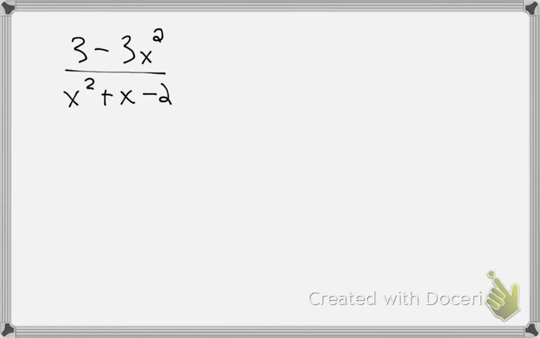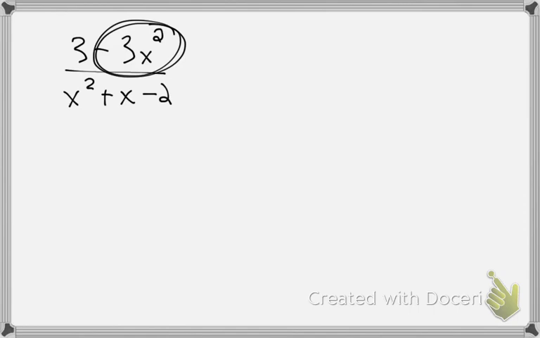Okay. So what do we notice about the numerator? GCF. There's a GCF of 3. Should I exercise my option to take out the negative? Yes. How do you know? You're right. What's your leading term in the numerator? Isn't it the square term?